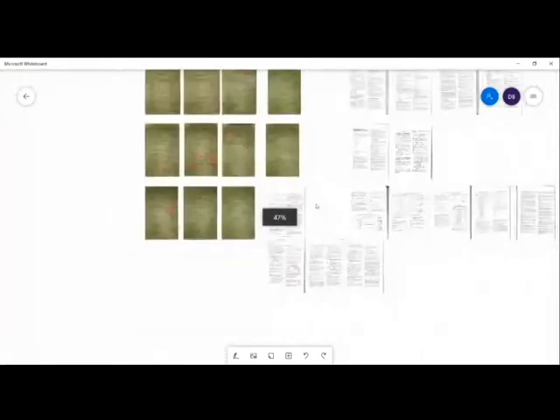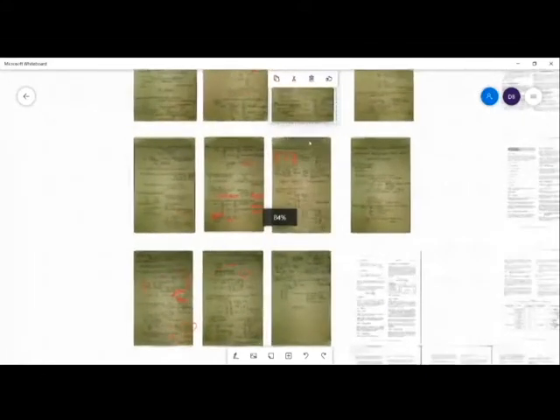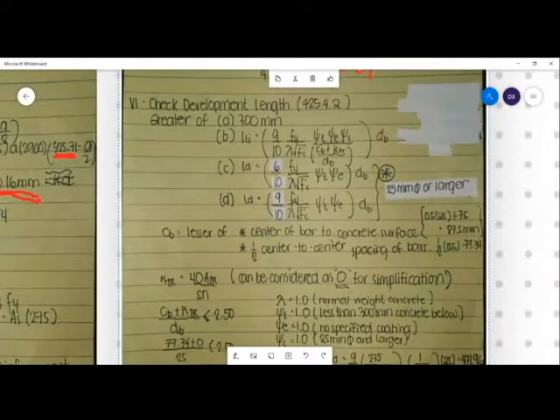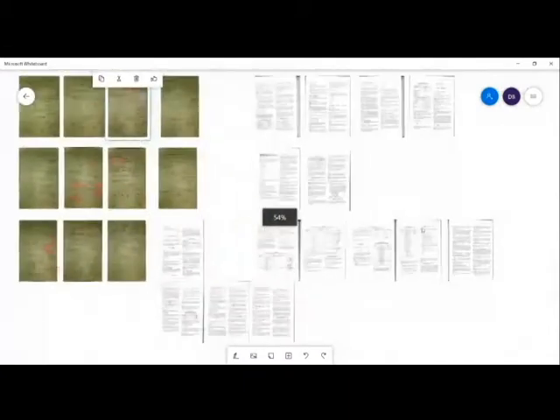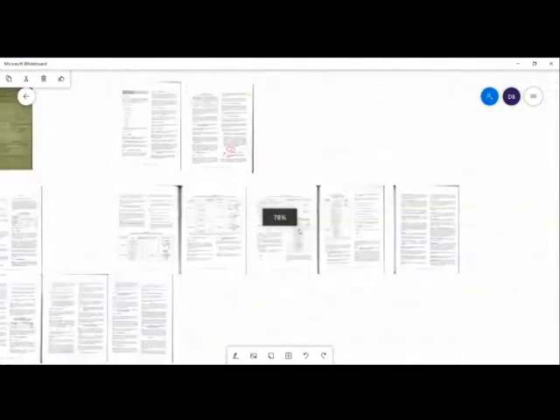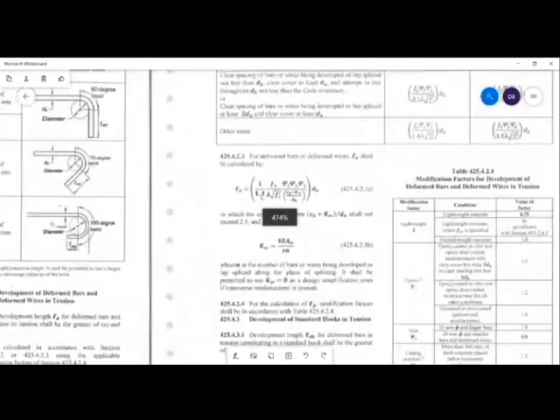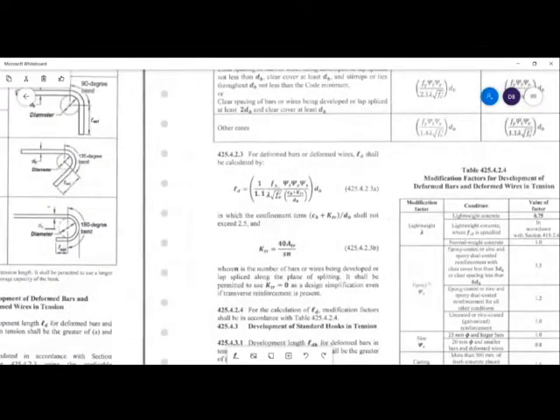So what are we going to use in problem number 1? The minimum development length, as stated: A, 300 millimeter. B is our formula B. The 1.1 is written here as 1 over 1.1, it's just the same.